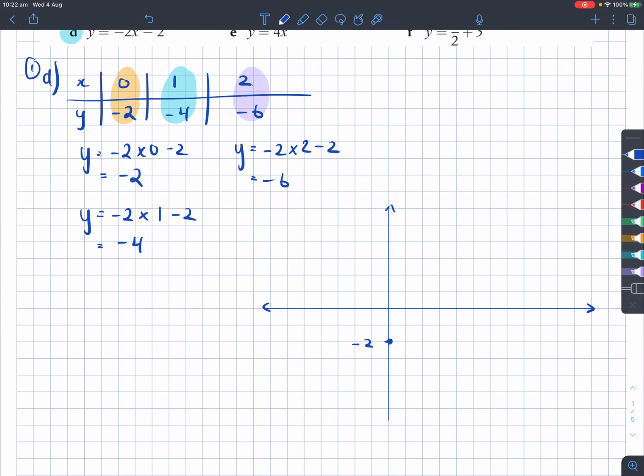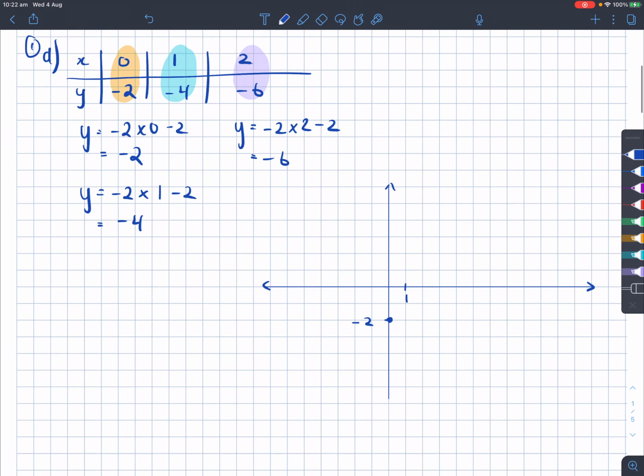And 1, negative 4 is going to be here. So 1 right and 4 down. Whereas 2, negative 6 will be 2 right and 6 down. Oh, I forgot to grab that other point. So what was it again? 1, negative 4 here, sorry, and then 2, negative 6, which is down here.